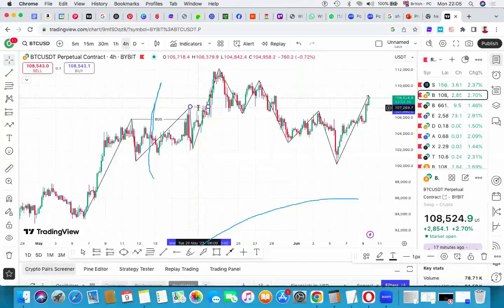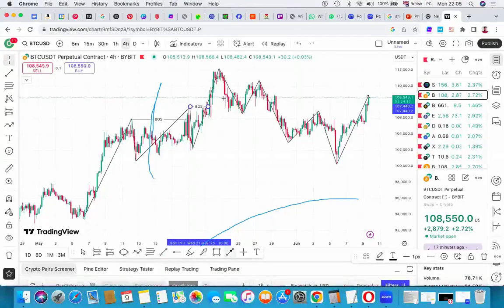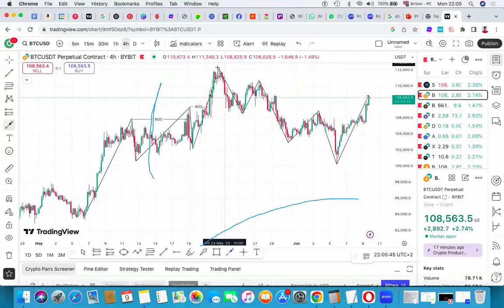And then you see, right here, market created this high. So now I'll just identify this high as the highest high market created, which is around, I think, 112,000 that BTC did recently.